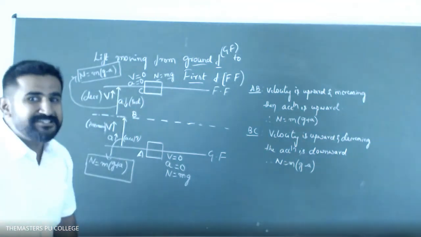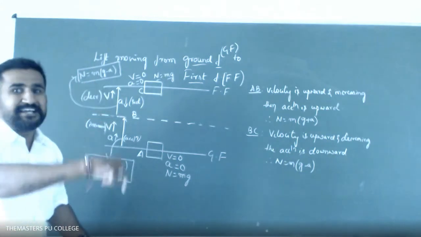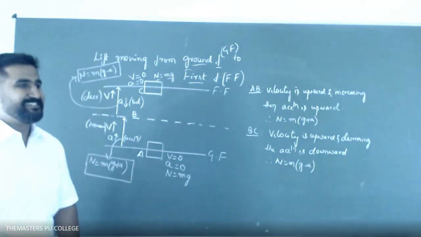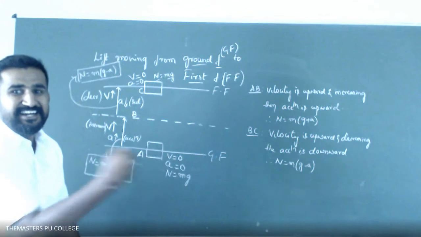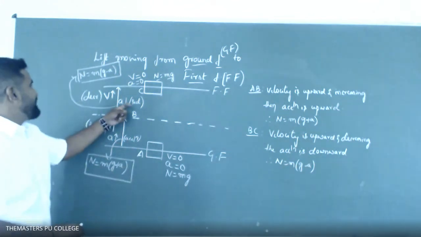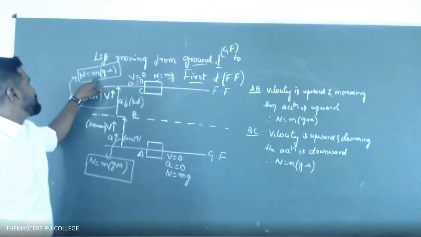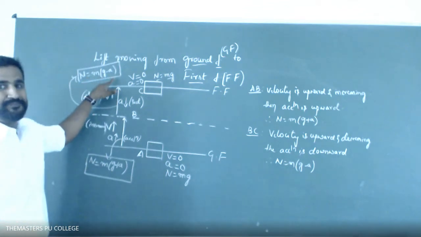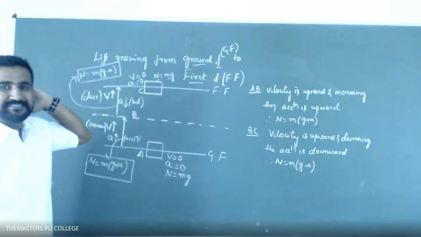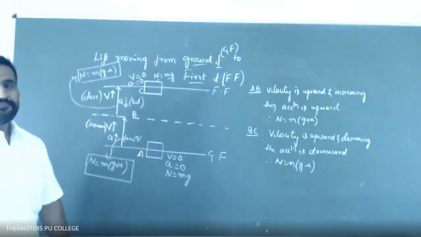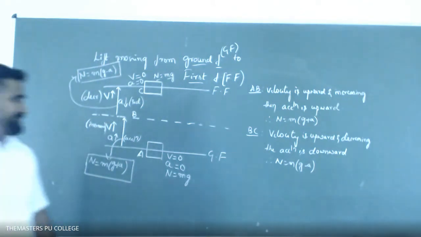Acceleration should be downwards. Velocity decreasing means acceleration downwards. Simple logic. Velocity decreasing means retarding. So if a is in this direction, apparent weight will be equal to m(g − a). Is it clear, sir? Yes, sir. Clear. Thank you, sir.